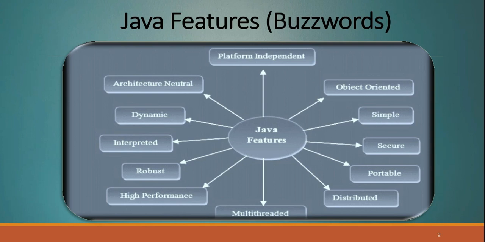Platform independent, object oriented, simple, secure, portable, distributed, multi-threaded, high performance, robust, interpreted, dynamic, architectural neutral. These are the main features of Java which make it a more popular language. So let's see all these features in detail.